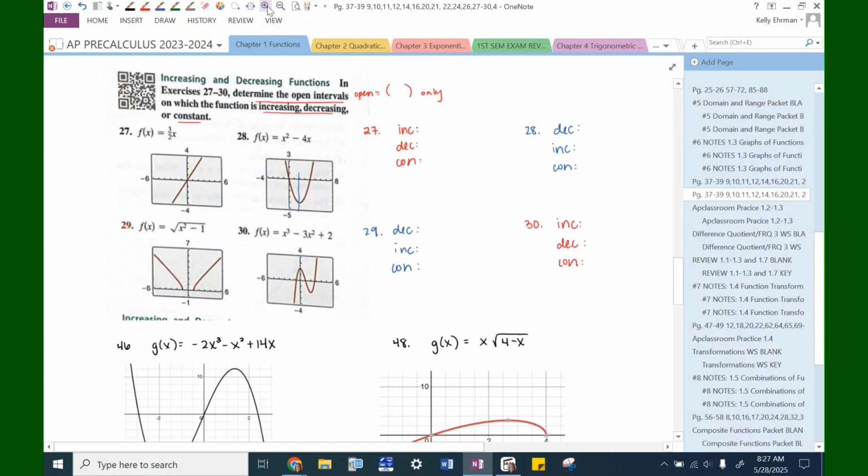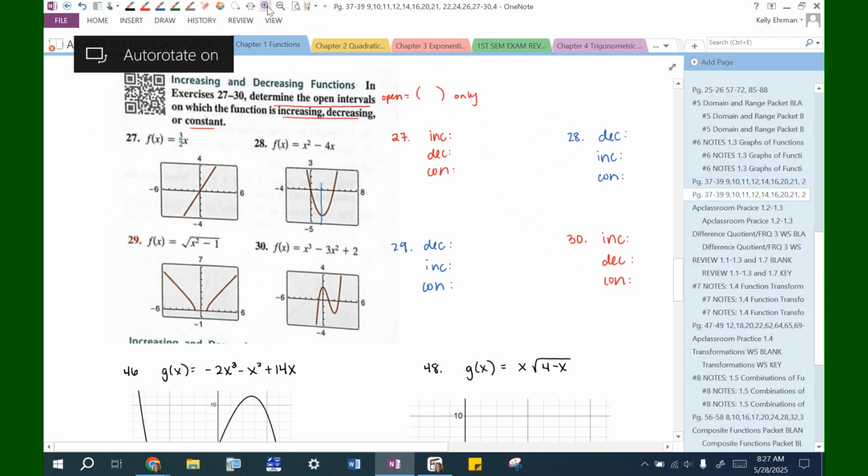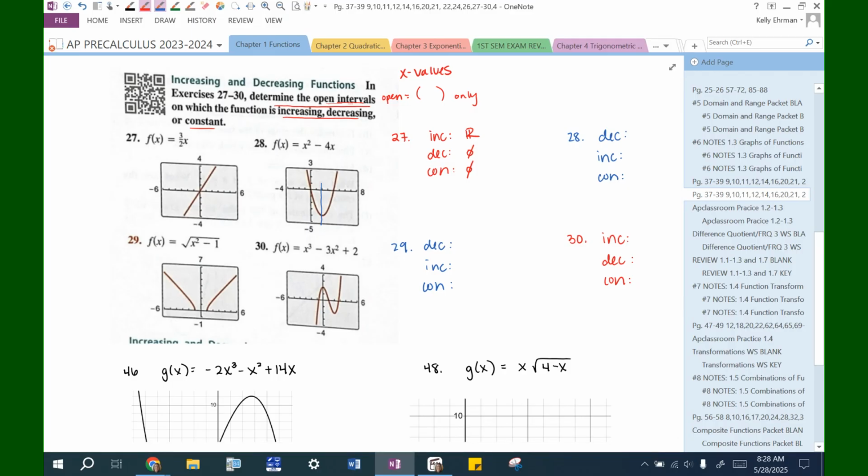All right, next section: increasing, decreasing, constant. Remember, you're only giving x values, and you're only using open intervals, meaning only using parentheses. So the first graph, this linear graph, is increasing for all real numbers, never decreasing, never constant. The second graph, this parabola, where is its vertex?